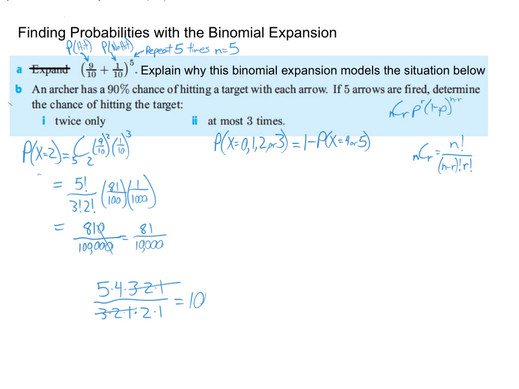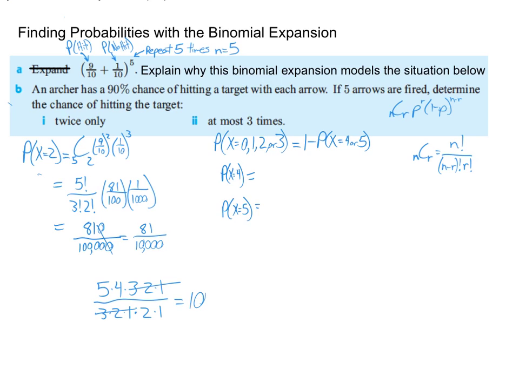Will you use the same formula to find it, if it's 1 minus something? Well, yeah, because you've got to find the probability of 4, and you've also got to find the probability of 5. But then you will subtract the answer, like in the previous one we got 81 over 10,000, will that subtract from 1?